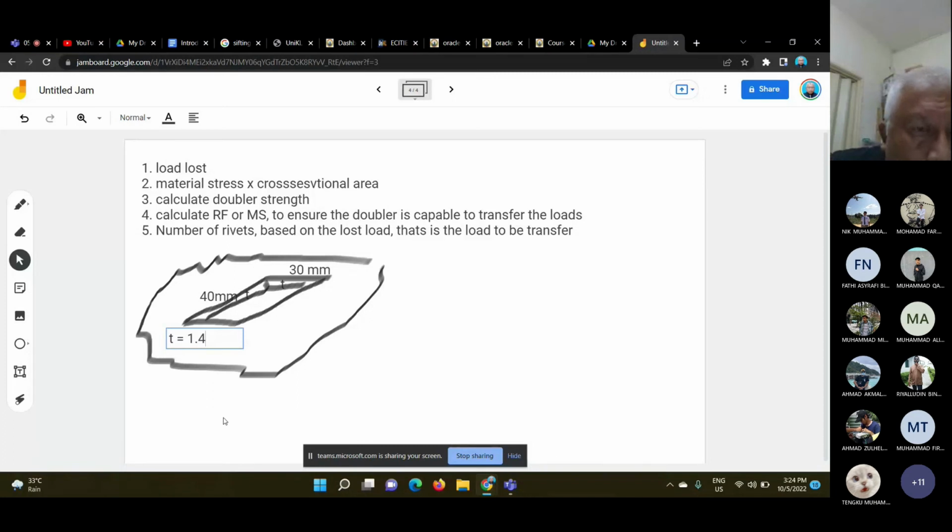So what you need to do, remember we need to calculate the load loss. What has been lost, which is to be transferred here, similar here.